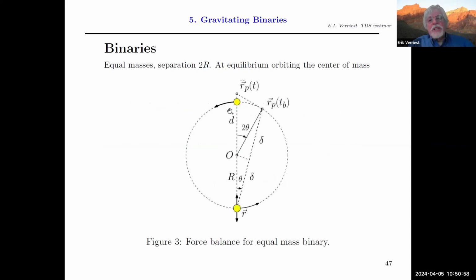Now let's look at the binary star system. Here, for simplicity, I take two equal masses. So they're moving in a counterclockwise direction. This star feels the gravitational effect of the other star when it was at a past position right here.